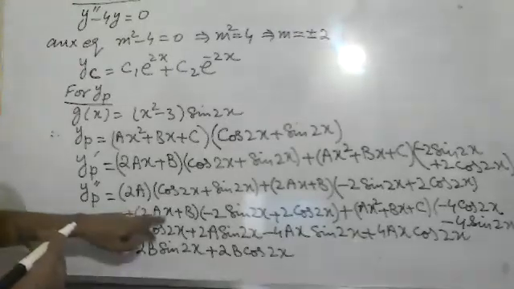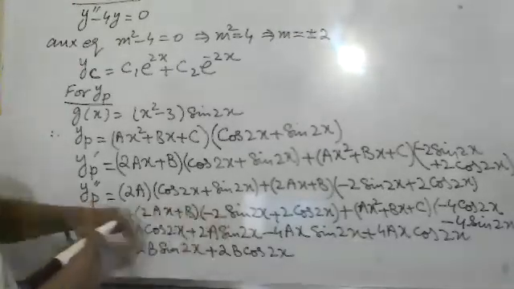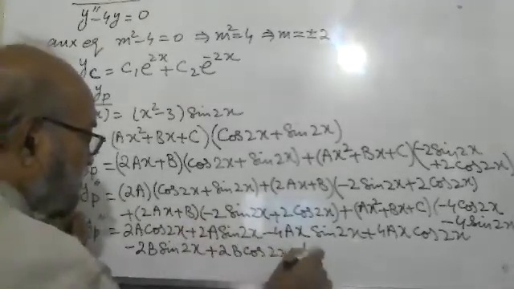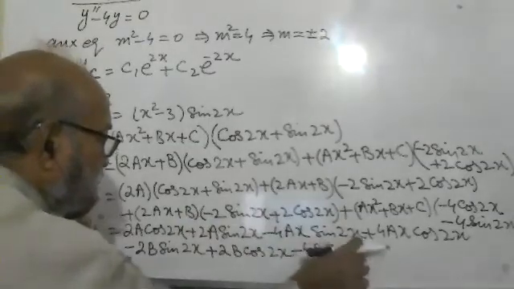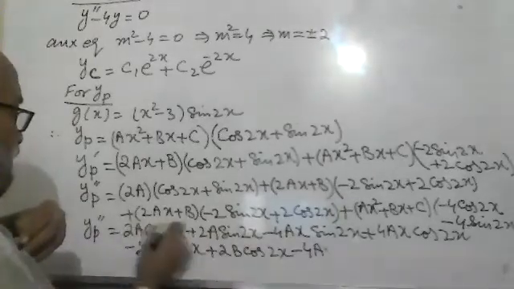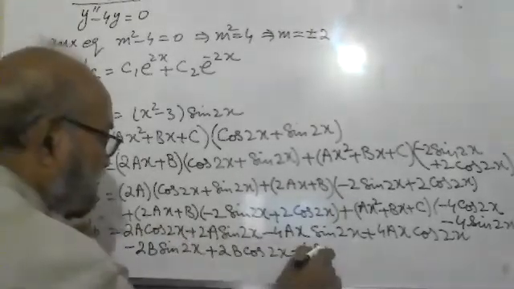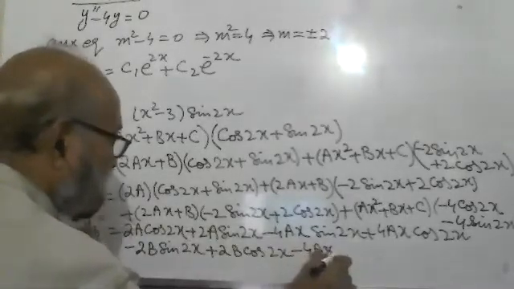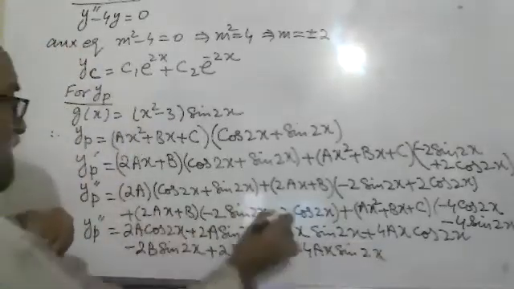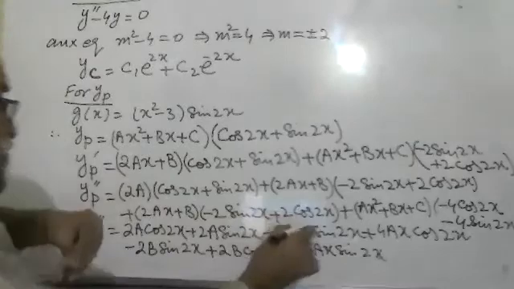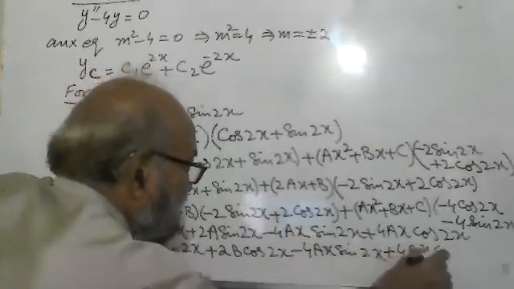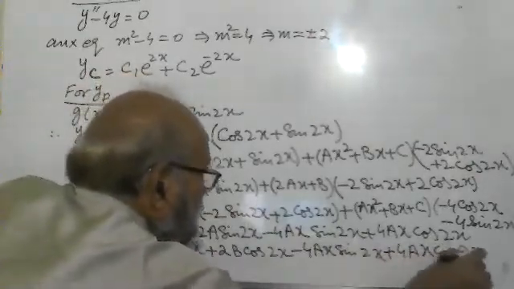Then we multiply by this one, 2ax into minus 2 sine 2x will be minus 4ax sine 2x. Minus 4ax sine 2x. Two ax will multiply with this one, it will become 4ax cos 2x plus 4ax cos 2x.